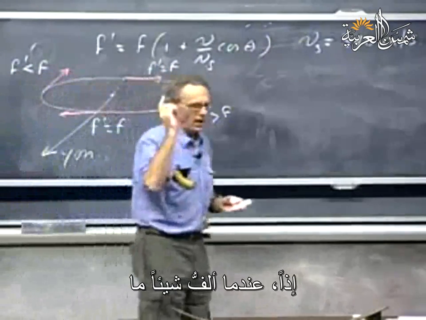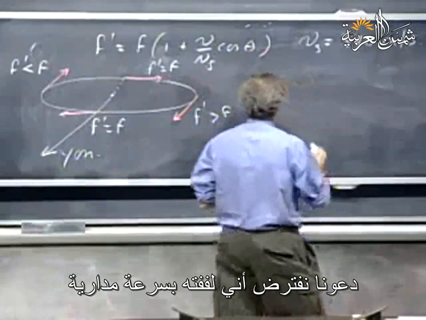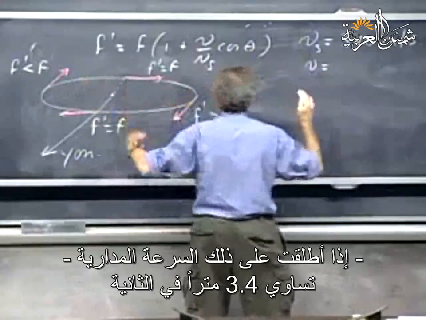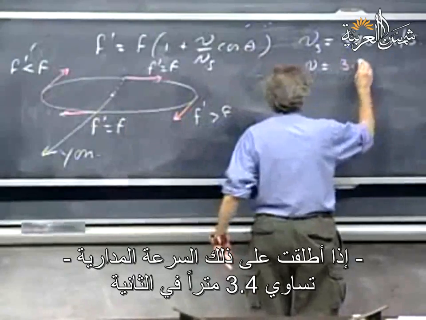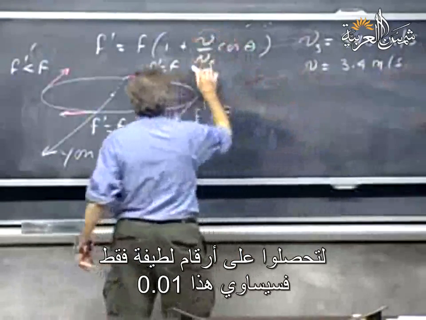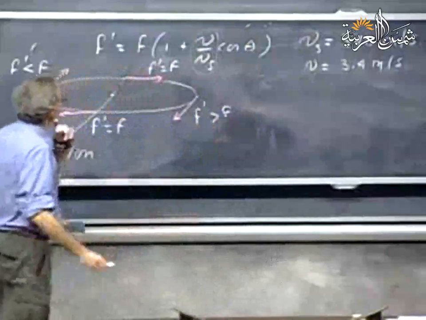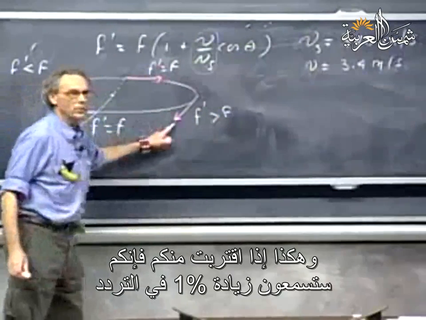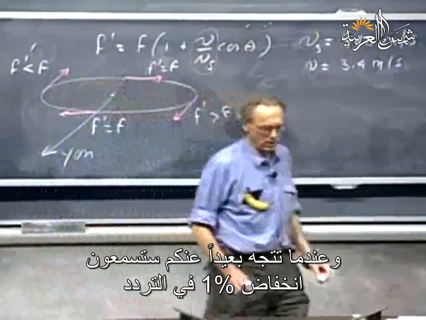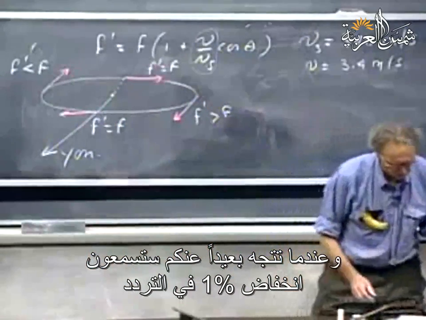So when I twirl something around, let's suppose with an orbital velocity of 3.4 meters per second, just to get some nice numbers, then this ratio is 0.01. So if it comes to you, you hear an increase of 1% in the frequency. When it goes away from you, you hear a decrease of 1%.